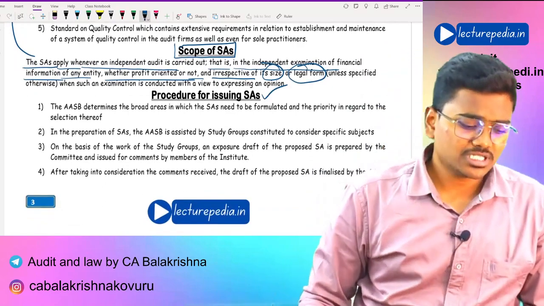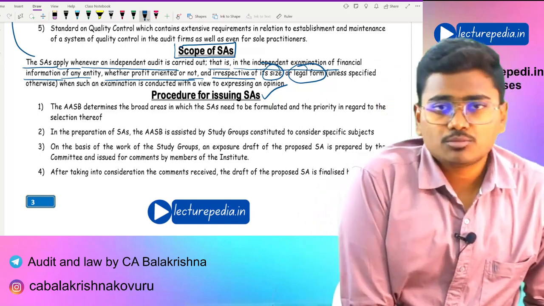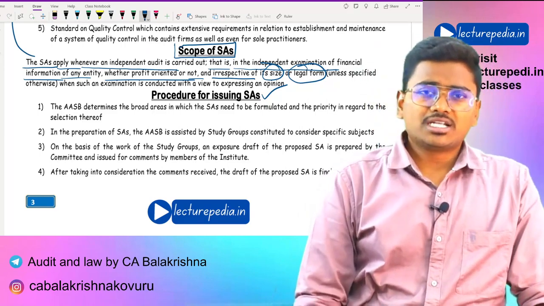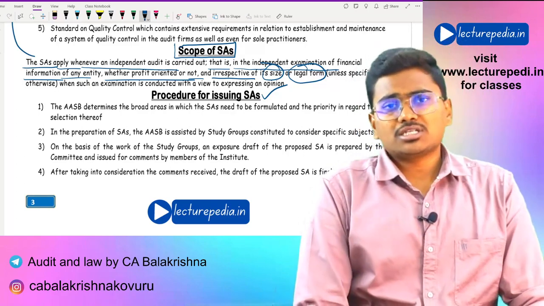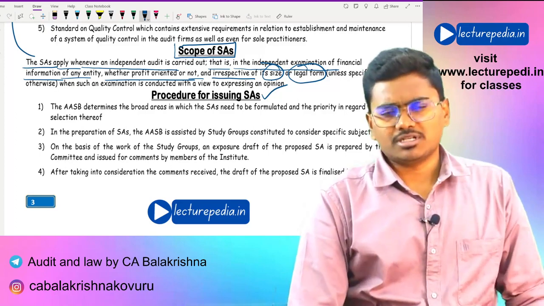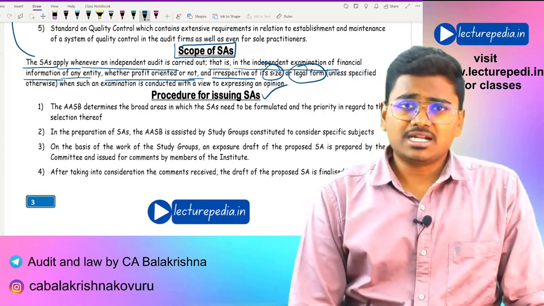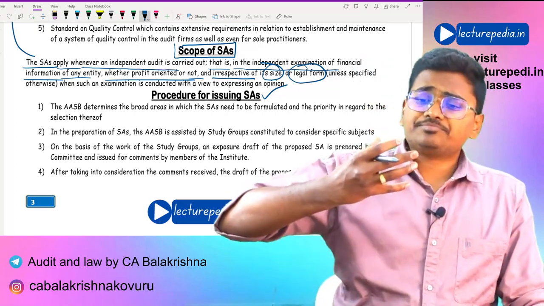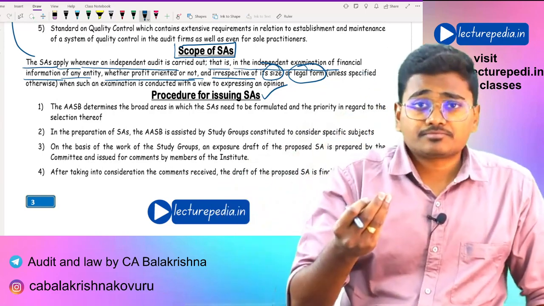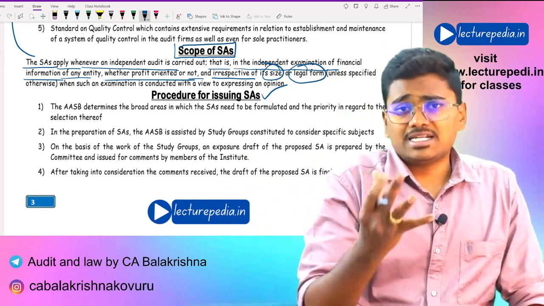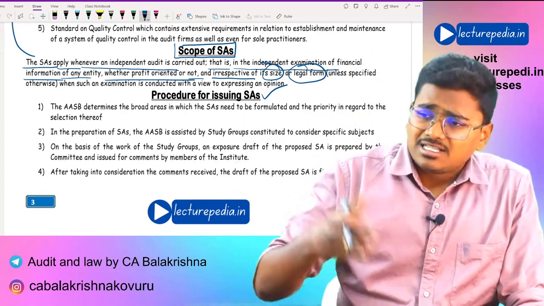Next, procedure for issuing standards on auditing. I have already told you that the Auditing and Assurance Standards Board will prepare the auditing standards. For the purpose of preparation of auditing standards, certain study groups have been developed. These study groups will do research and develop the standards, and once these standards are finalized, they will be submitted to the Council of ICAI.